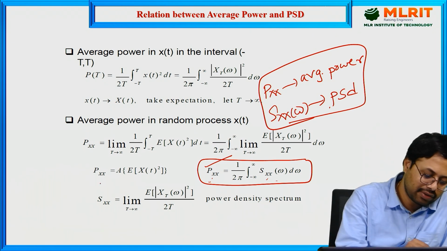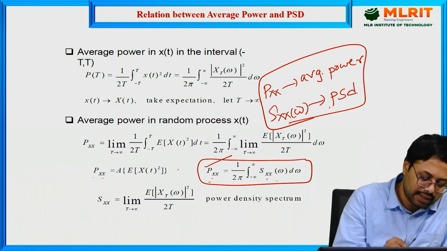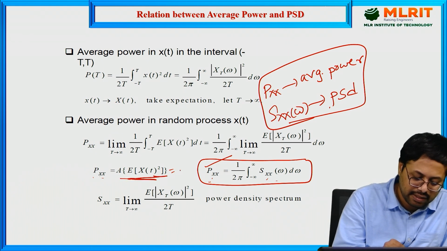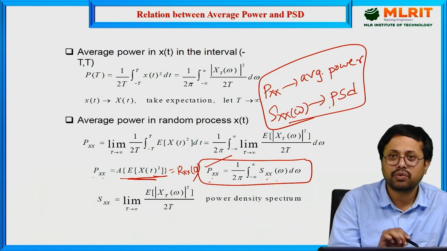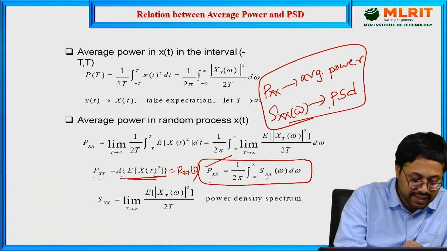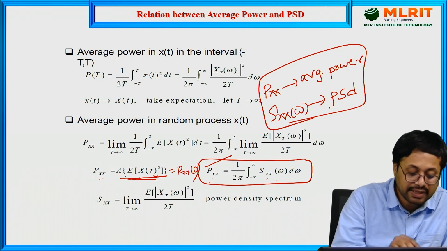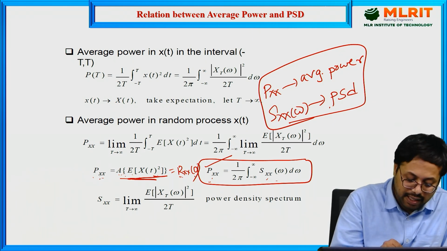We can also represent this as Rxx of 0, from the property of the autocorrelation function. Means average power is equal to the time average of mean square value, or Rxx of 0.